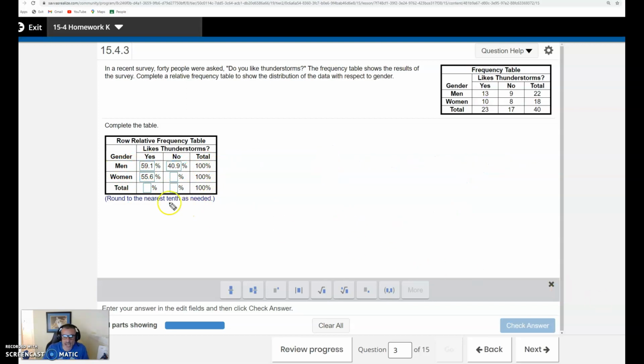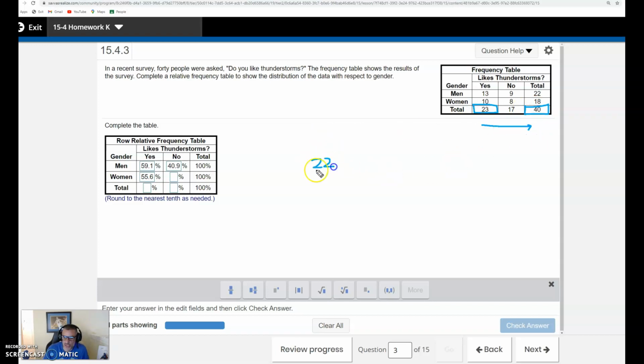So when I get to the last row, it says I have these totals here. So we just say, okay, 23 yeses, regardless of gender, out of the total of 40, right? Because we're thinking in this direction.